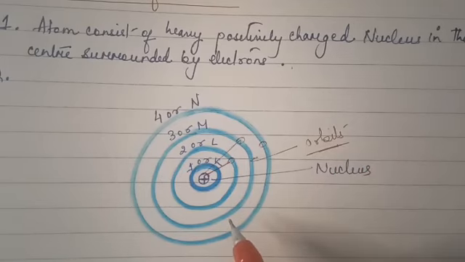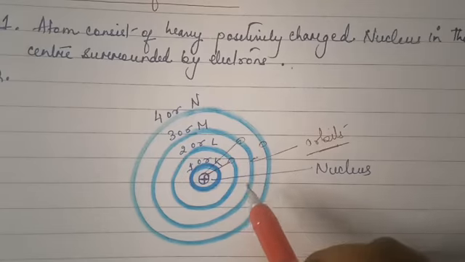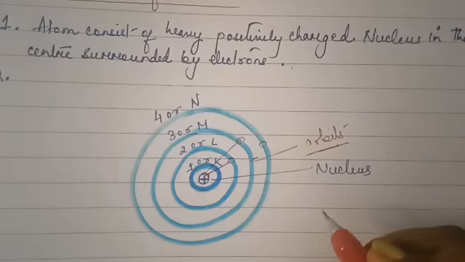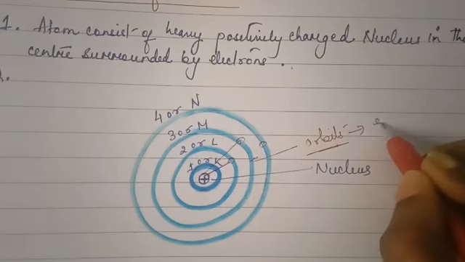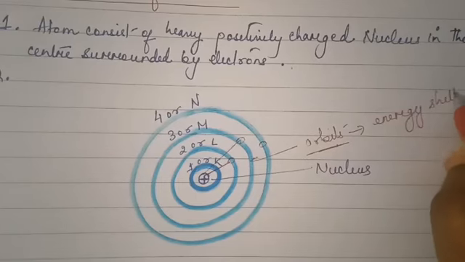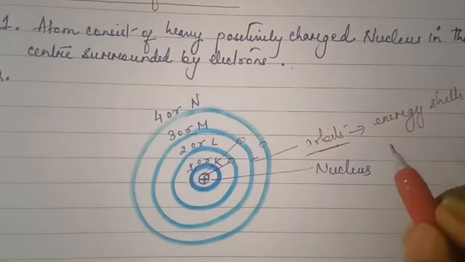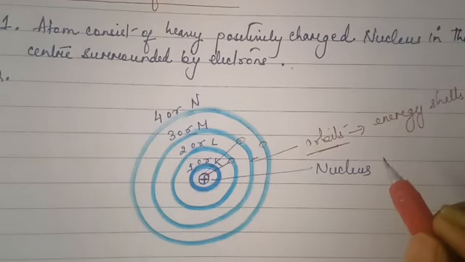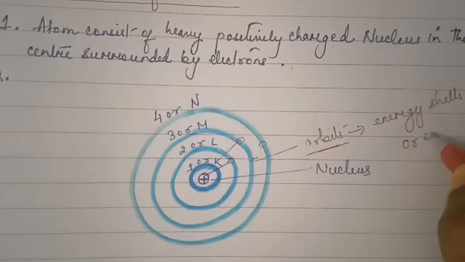These orbits are associated with definite energies and are called energy shells, or energy levels.